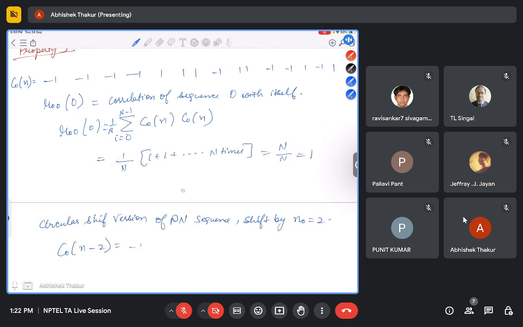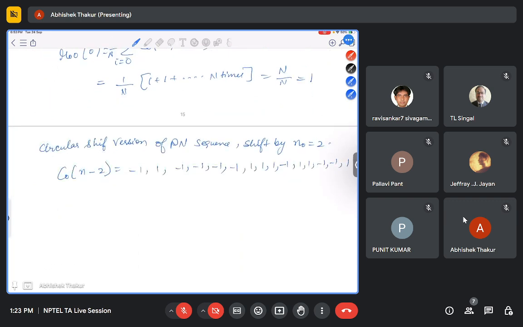So our minus 1 will come first, and this will come second here, shifted by 2 units, right? So minus 1, comma 1, comma minus 1, comma minus 1, comma minus 1. So this is our complete PN sequence.